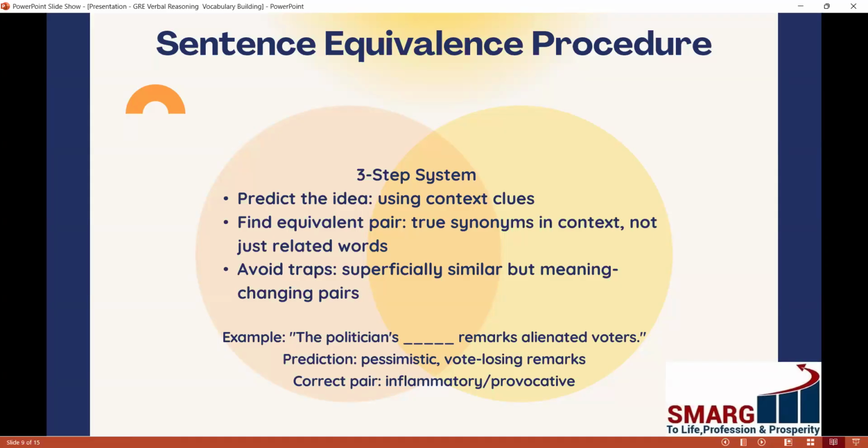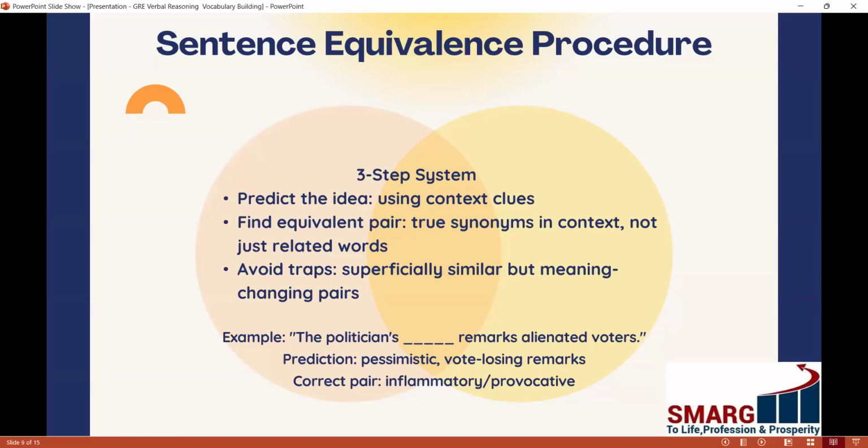Now I come to the correct pairing. When I come to the correct pairing, here grammar will come in. Of course, I now know that I need a word related to this type of meaning, this type of sentiment. I am looking for something like that and a pair like that. When I go to my pairs, I look at them. The first thing: there will be pairs that will not be a good match.